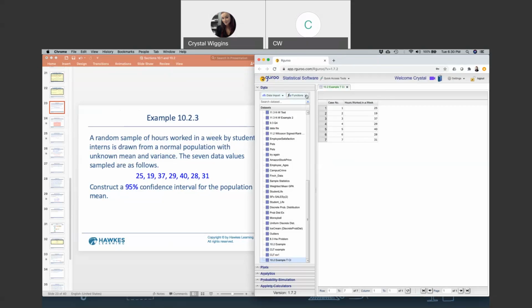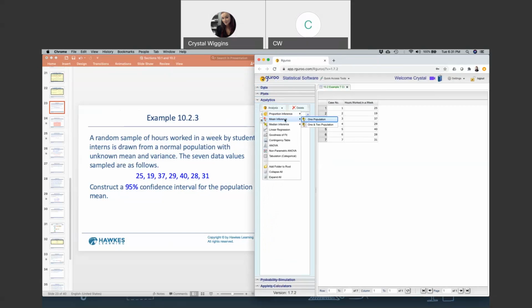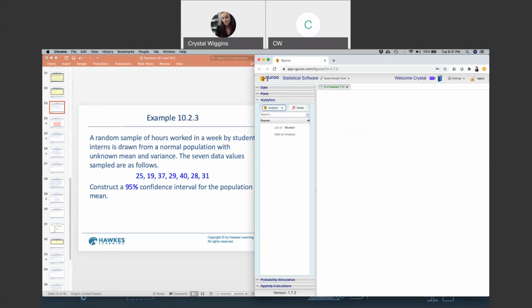If we wanted to pull the sample mean and sample standard deviation, remember we can calculate sample statistics with it, but that's automatically going to be done once we put it into the confidence interval window. So we're going to go to Analytics, Analysis, Mean Inference, One Population.